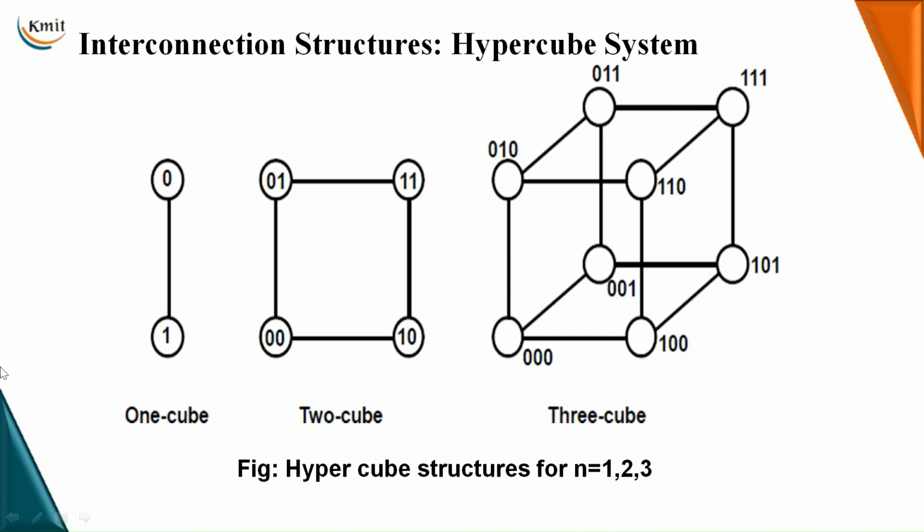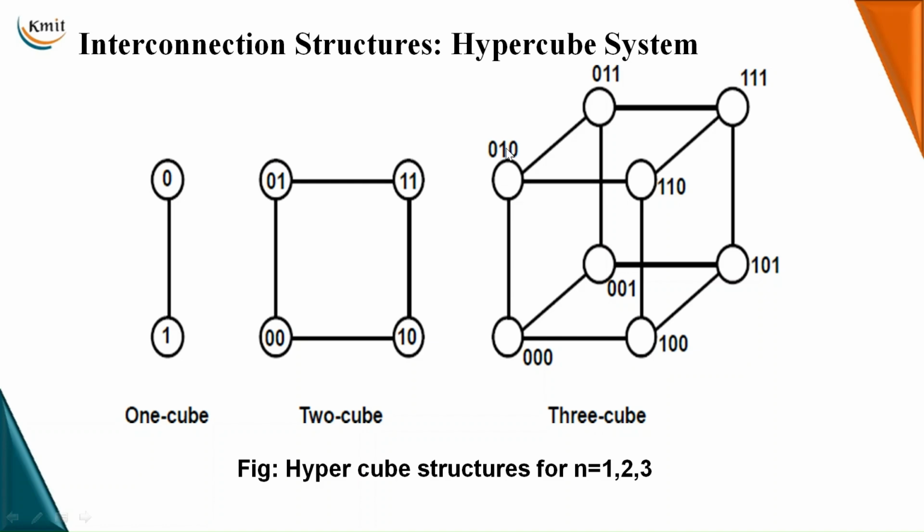If you consider the addresses of these nodes, they are assigned in such a way that neighboring nodes differ by exactly one bit position. For example, take node 000 and look at its neighbors. This neighbor has 100, which differs in only one digit, this one.